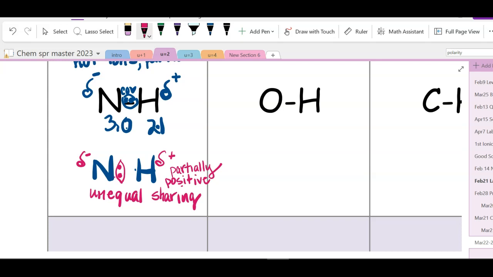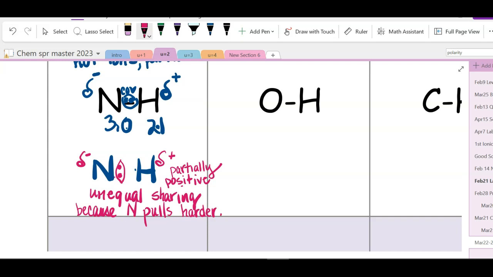We still have two atoms. They aren't ions, but there's unequal sharing because nitrogen pulls harder on the electron pairs. And that's why? Because it has a higher electronegativity.